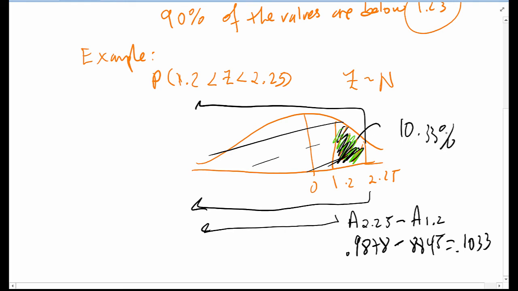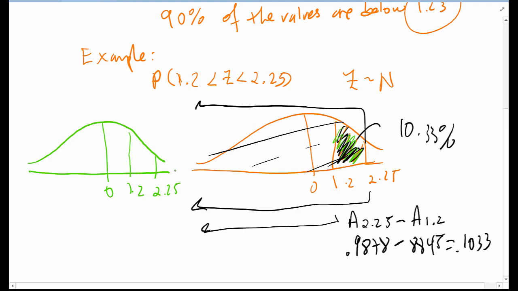So let's repeat what we did here. Let's do another graph. Our job was to find out what percentage of the data for a standard normal data set falls between 1.2 and 2.25.